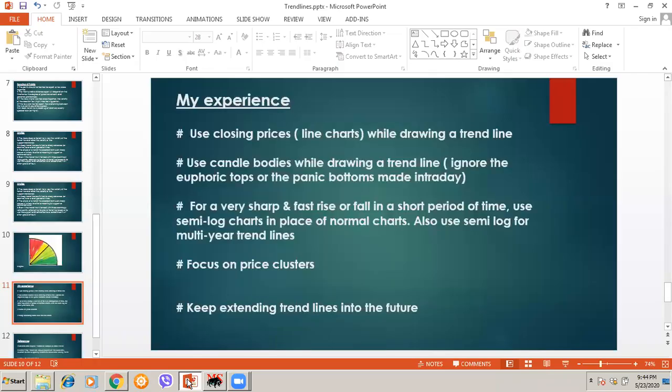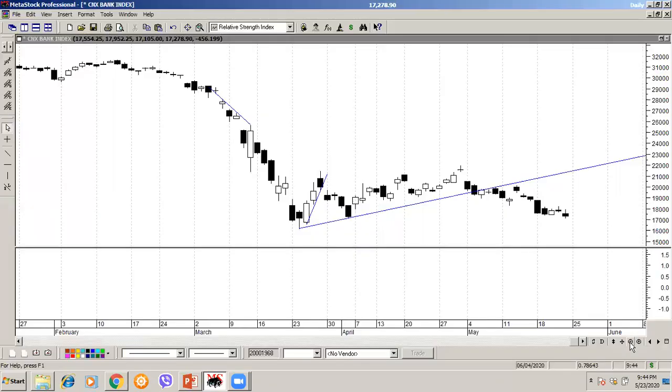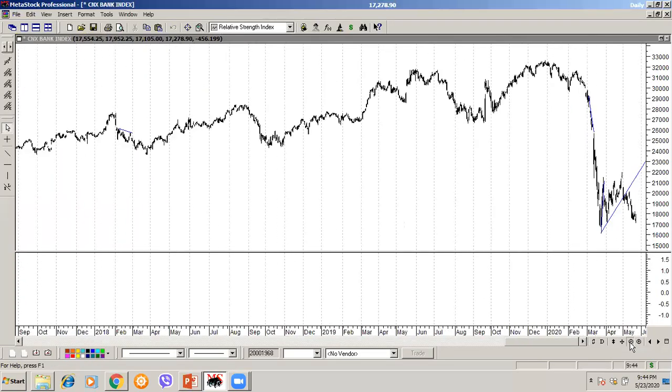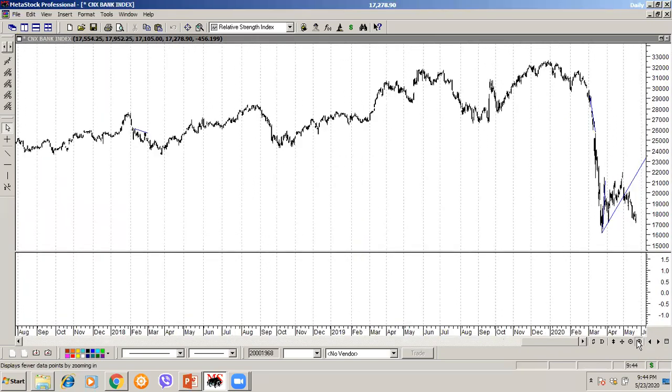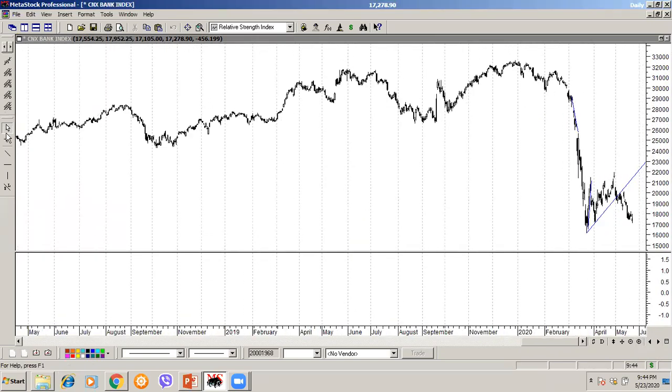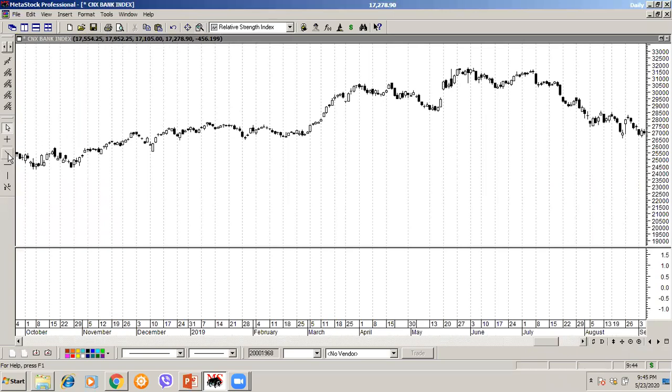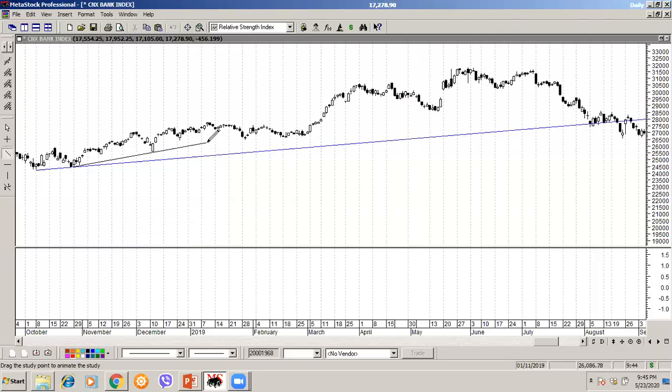See, now I'm going to use the same charts which I was showing you. Say I was drawing a trend line on Bank Nifty, right? And I was drawing a trend line somewhere around here, and I will just show you how the difference comes into play. So here, if I'm trying to draw a trend line, I draw one trend line like this. Then I draw another, say like this.